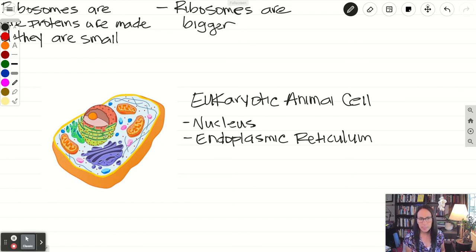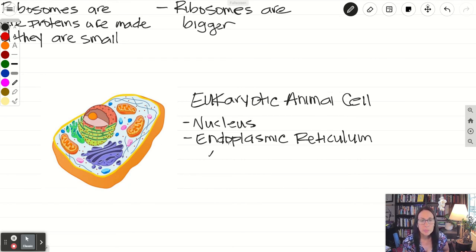And what this does is there are two parts of the endoplasmic reticulum. There is a smooth endoplasmic reticulum and there's a rough endoplasmic reticulum. And so in this picture, you can see this lighter green over here is the smooth ER is what we call it. And then over here where you see the red dots, those are called the rough ER.